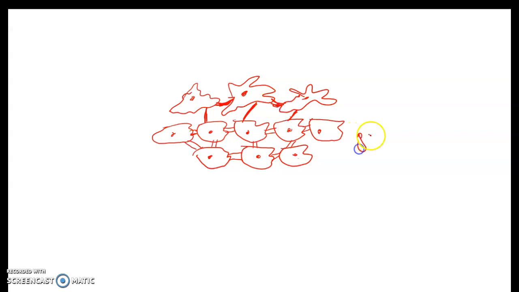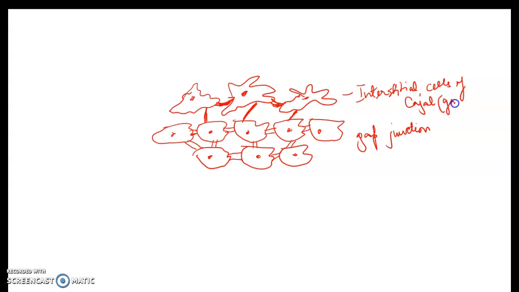So we have gap junctions in between the smooth muscle cells, and we have gap junctions between the interstitial cells of Kahal or Kajal. They also have gap junctions.